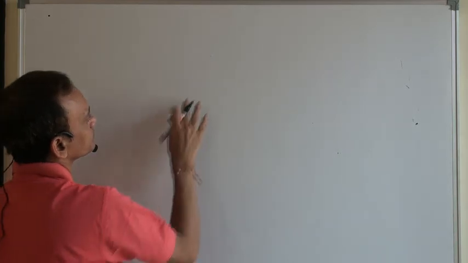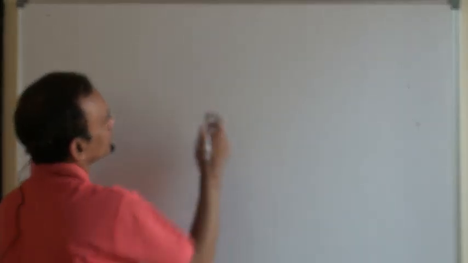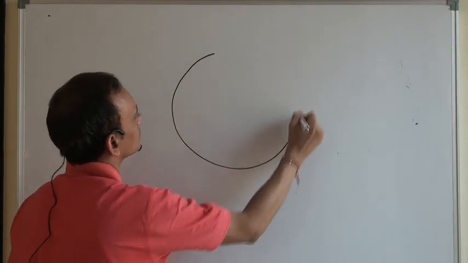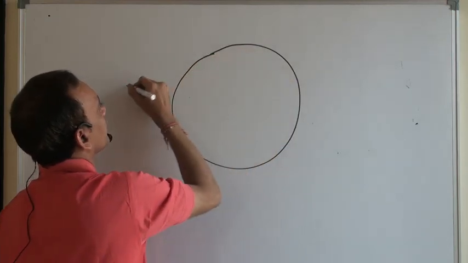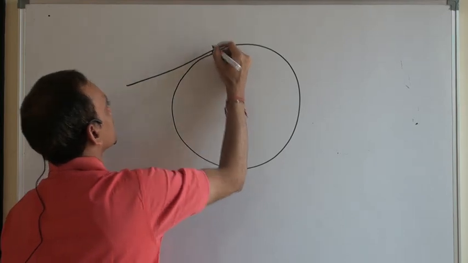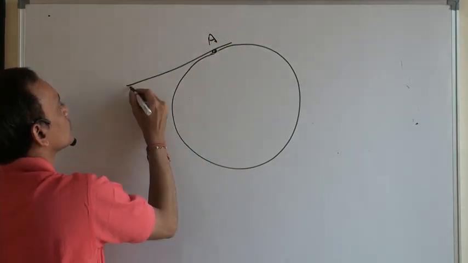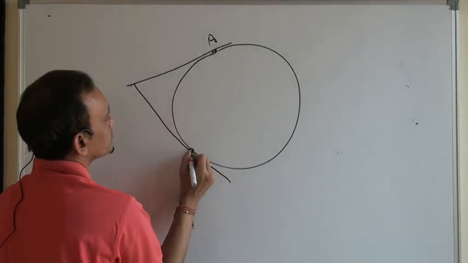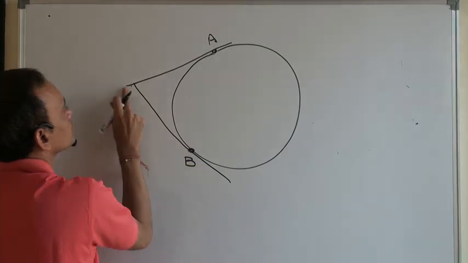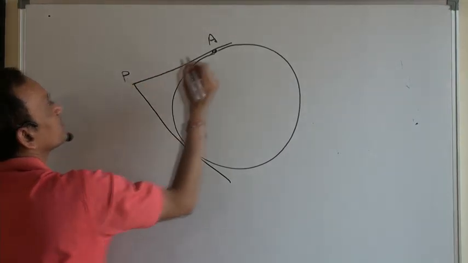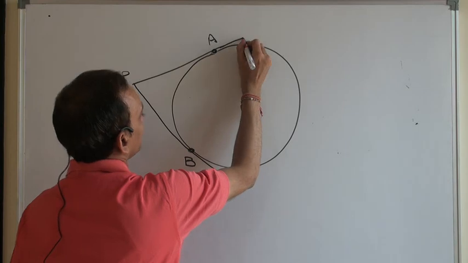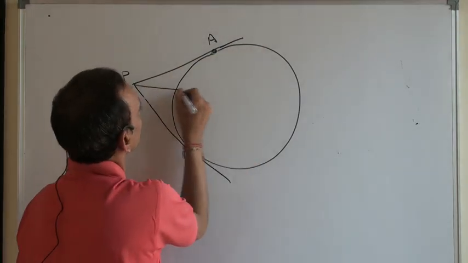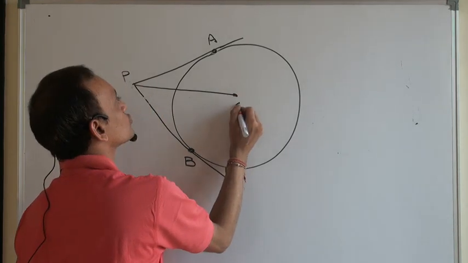Now, this is a circle, and I draw a tangent at A, and I draw another tangent at B. There are 2 tangents that I draw to this circle from an external point P, a tangent at A and a tangent at B. Suppose this is the center O of the circle.